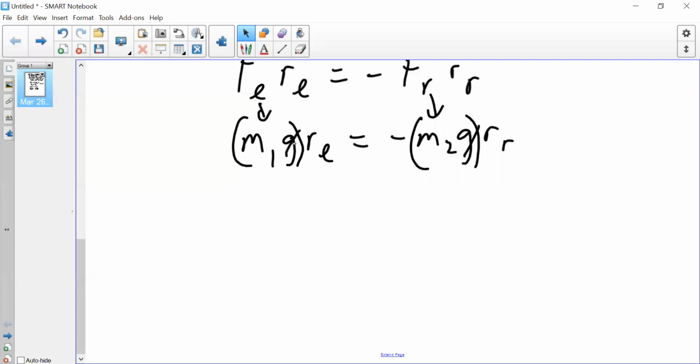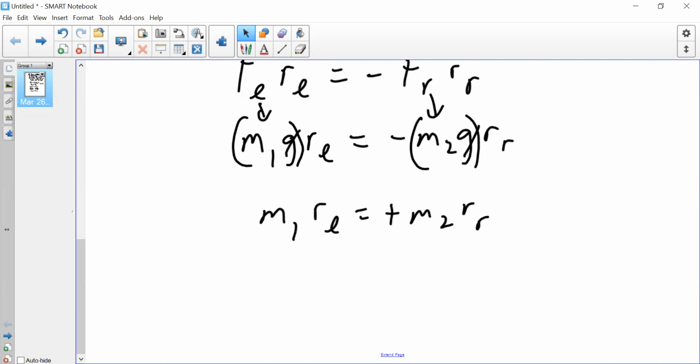These g's can cancel out, so you get this nice equation. This is mass 1 times the distance from the left side of the pivot, equal to mass 2 times the distance on the right side of the pivot. This is the basic equation that we're going to be using. For the sake of simplicity, we can make this a plus sign.